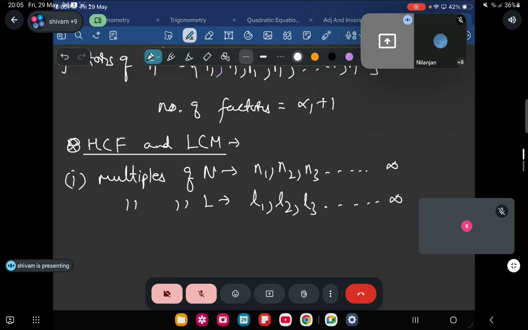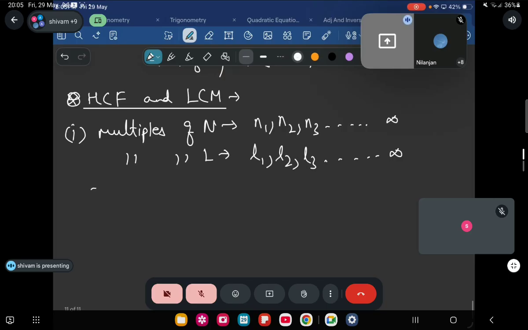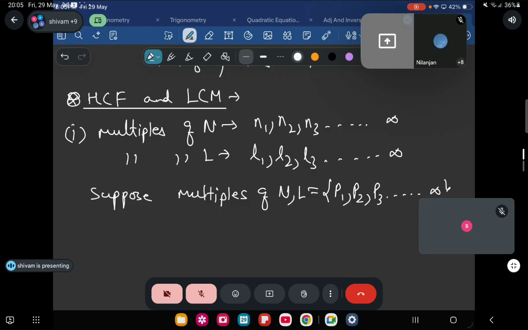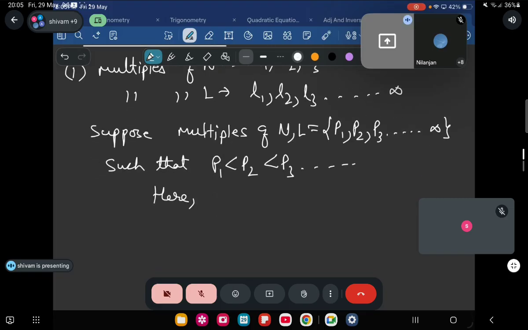So there should be some common multiples of both the numbers. Suppose the multiples of n comma L are P1, P2, P3 up to infinity, such that P1 is less than P2 is less than P3 and so on. So over here, what is the LCM?